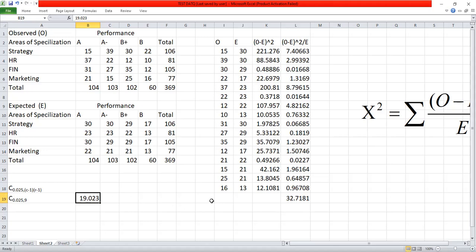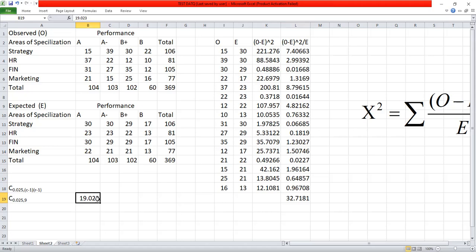You compare the chi-square table value with the chi-square calculated. If the chi-square calculated is less than the chi-square table value, you accept the null. In this case, the chi-square calculated, which is 32.718, is greater than the chi-square table value, which is 19.023.